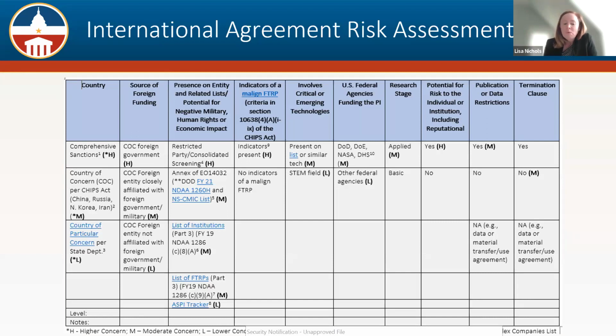In terms of process, proposals and agreements are flagged via automated weekly reports. They're not held for review prior to proposal submission or initiation of agreement negotiations. And again, we're focusing on agreements with foreign country of concern entities. We have a policy analyst reviewing agreements and making an initial assessment, which is then reviewed by senior staff.